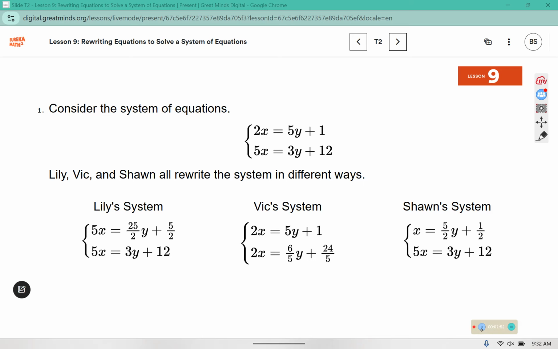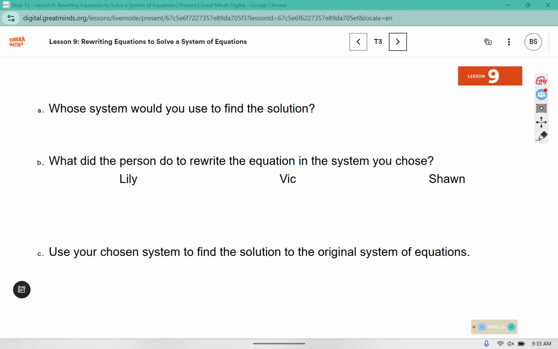Vic changes the 5x to a 2x by multiplying by a fraction. And Sean divides the top equation by 2 to get x all alone. Whose system would you use to find the solution? I would probably use Sean's system since all he had to do was divide the top equation by 2.